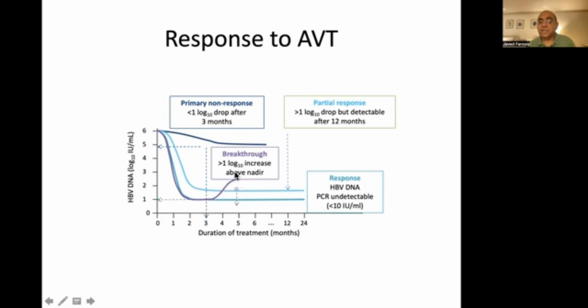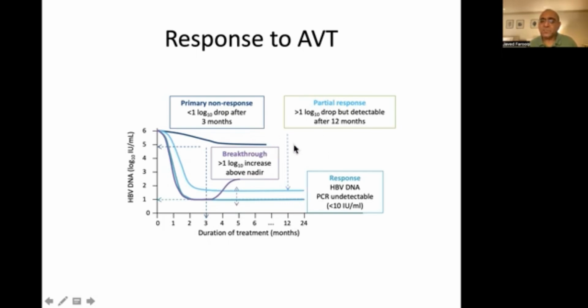So this is called the breakthrough. This is the way we define the response to antiviral treatment, whether our patient has achieved the response, or has not achieved the response, or had achieved the response but then a breakthrough happened, or has got a partial response.